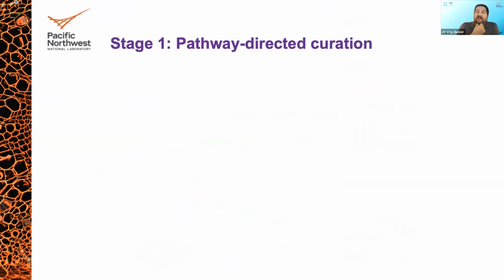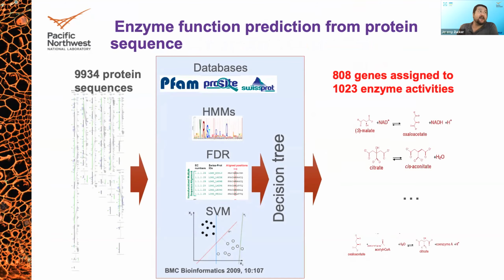So I now want to go into a bit more detail about how we use pathway-directed curation to construct the initial draft model. To predict enzyme function, we use the EFICAz2 enzyme prediction software, which takes PFAM domains, PROSITE patterns, and Swiss-Prot sequences, and generates an enzyme family-specific categorizer composed of hidden Markov models, functionally discriminating residues, and support vector machines, which were combined into a decision tree to arrive at an EC number prediction.